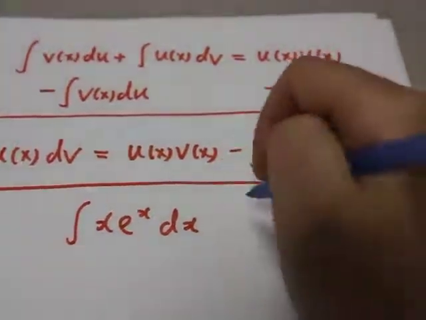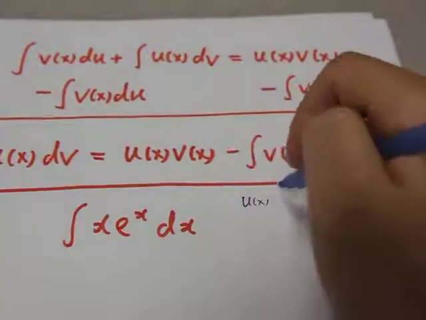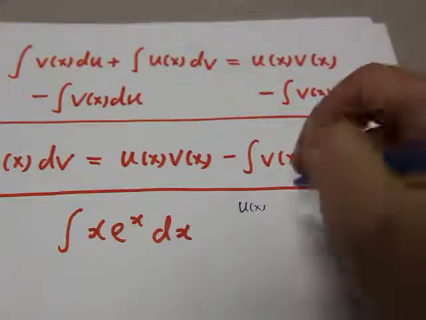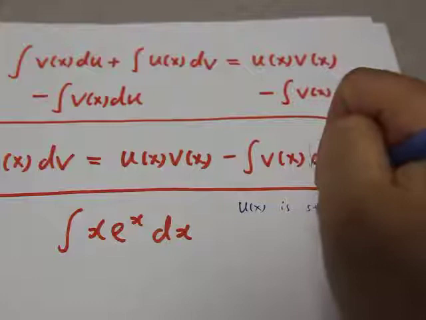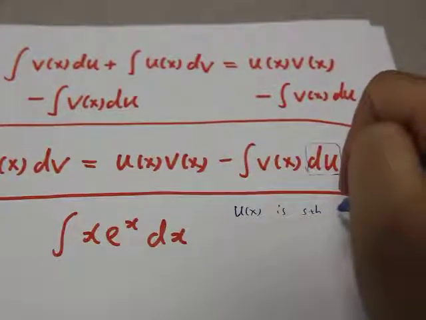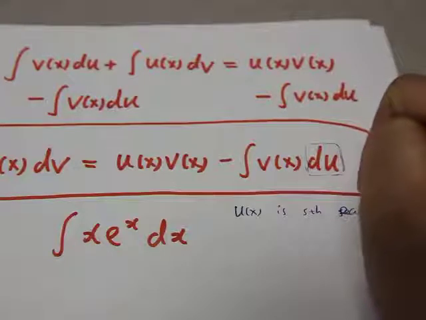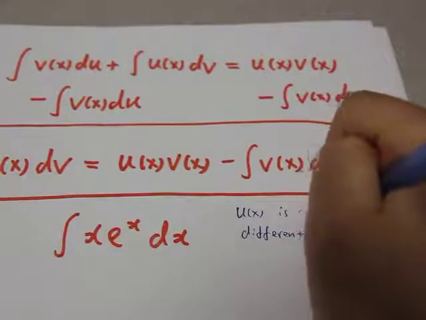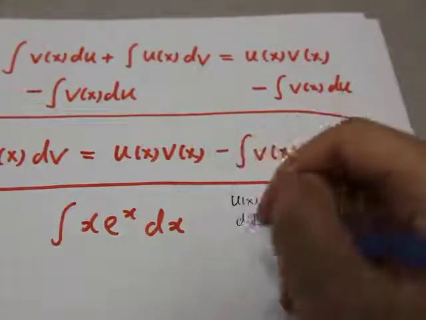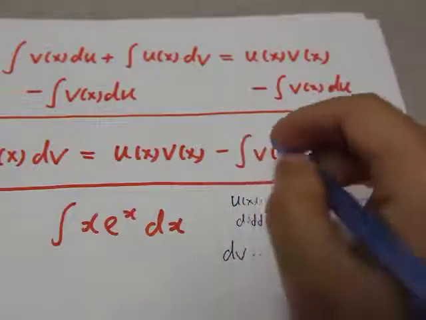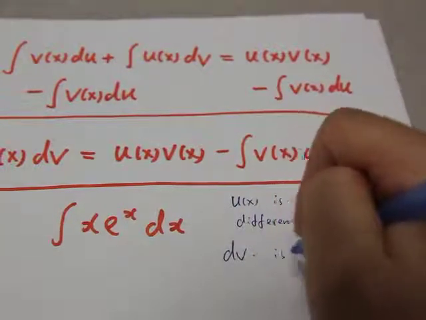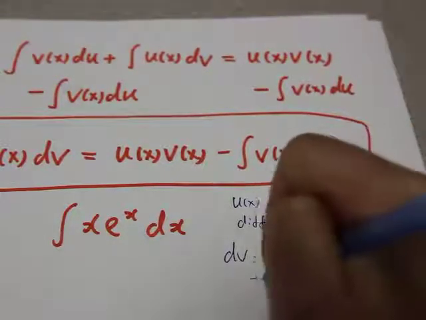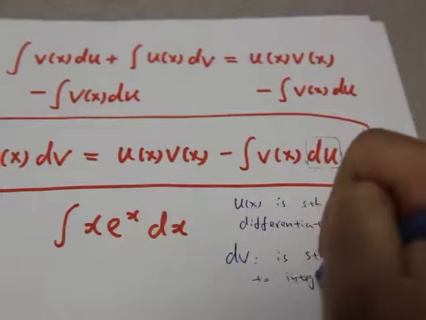So therefore, the u(x) must be something which is easy to differentiate, and the dv is going to be something that is easy to integrate.